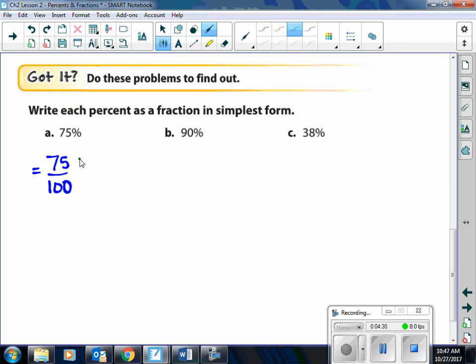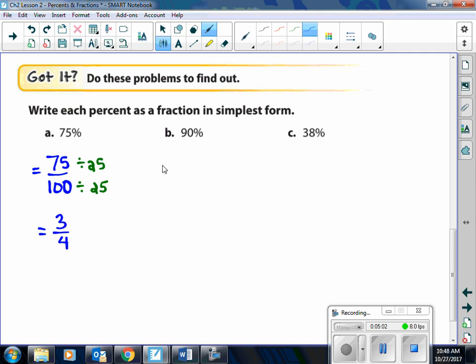And here we can simplify by dividing by, very good. We can do better than 5, right? But if you don't see that you can divide by 25, you can start with something lower, okay? So here we can divide by 25 in the numerator and the denominator, and we end up with 3/4. So 75% written as a fraction is 3/4.